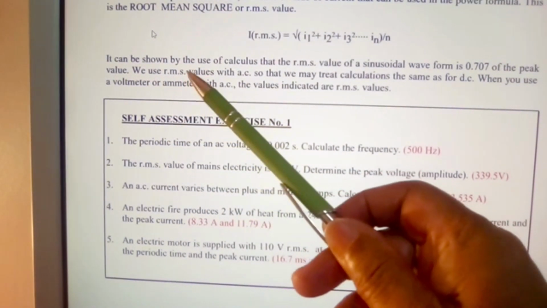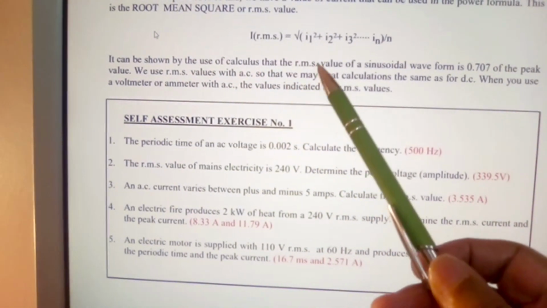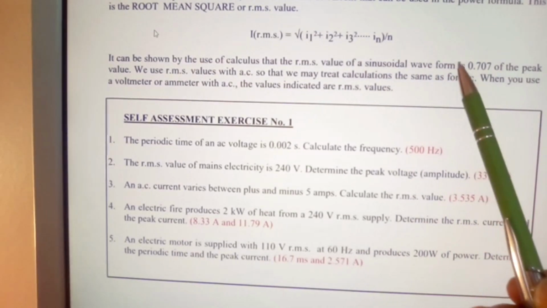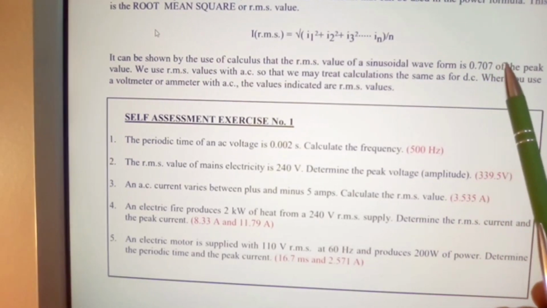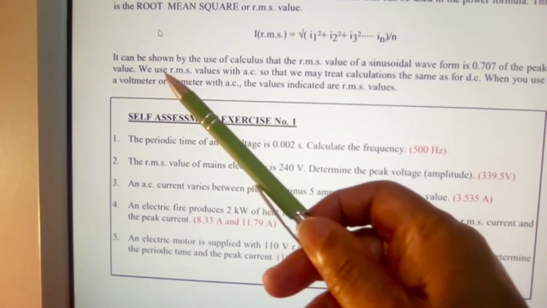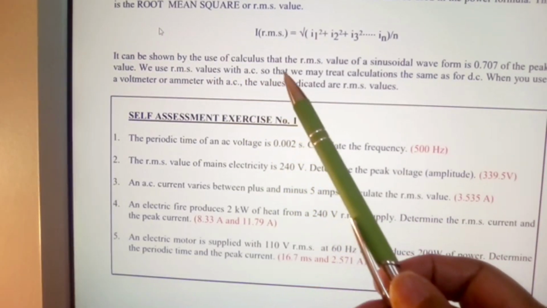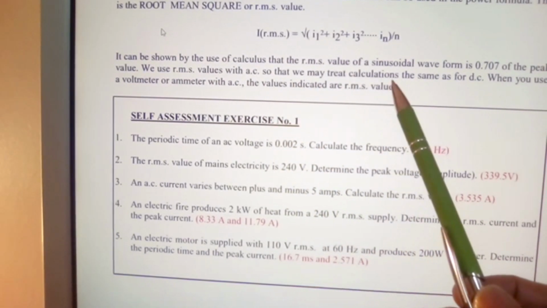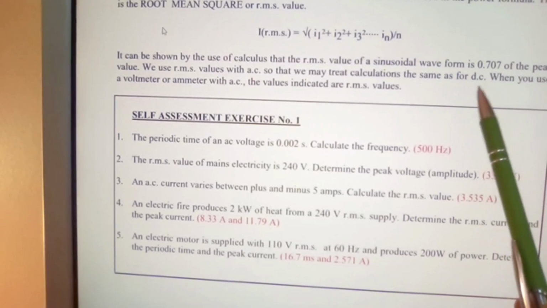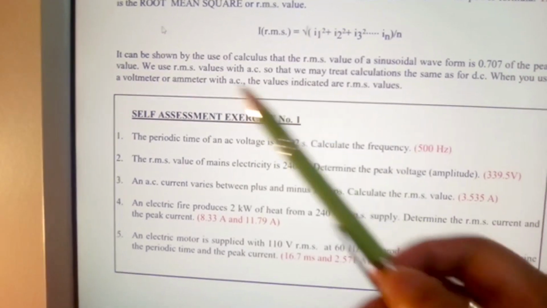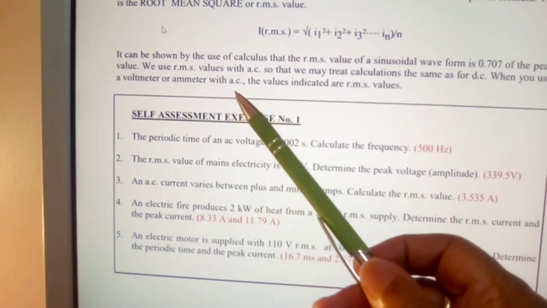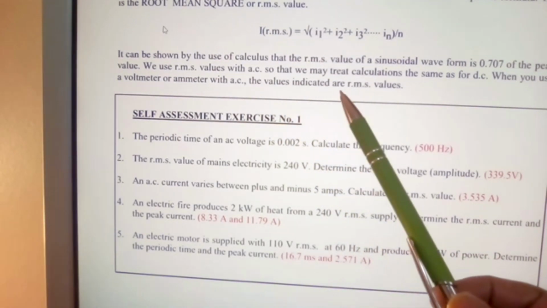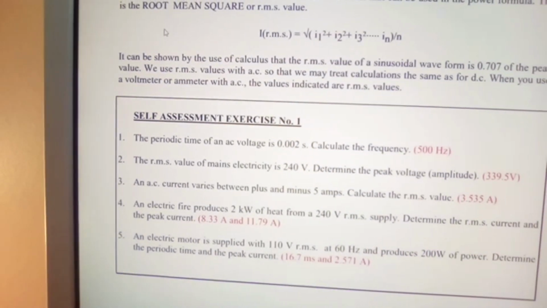It can be shown by the use of calculus that the RMS value of a sinusoidal waveform is 0.707 of the peak value. We use RMS values with AC so that we may treat calculations the same as for DC. When you use a voltmeter or ammeter with AC, the values indicated are RMS values.